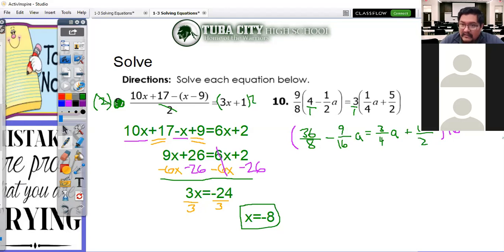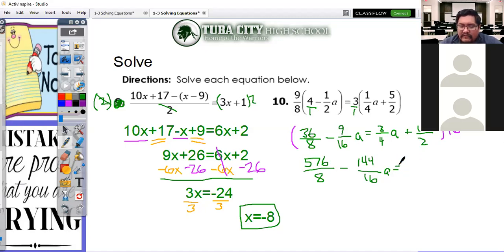And 36 times 16 is 576 over 8 minus, and then 16. Now in this case, if you know cross cancel, it would be a lot easier to do it this way, which would be 144 over 16a equals, and then 16 times 3 is 16, 32, 48.